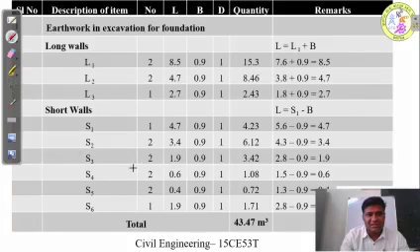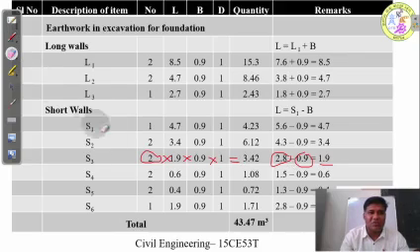So S3 two numbers, center to center length is 2.8 minus the breadth, that is 0.9, will give me 1.9. So 2 into 1.9 into 0.9 into 1 is equal to how much? 3.42 cubic meters is the volume for the wall S3.